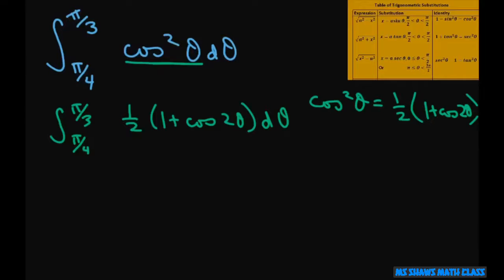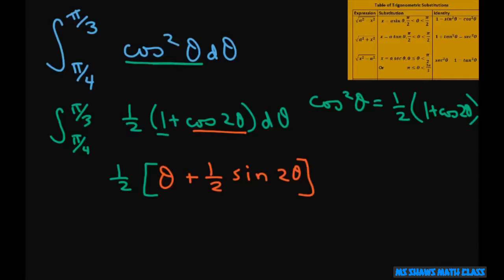And now I can integrate, and I'm going to get 1/2, and the antiderivative of 1 is theta, and the antiderivative of cosine is sine, so that's going to be 1/2 sine 2 theta from pi over 4 to pi divided by 3.